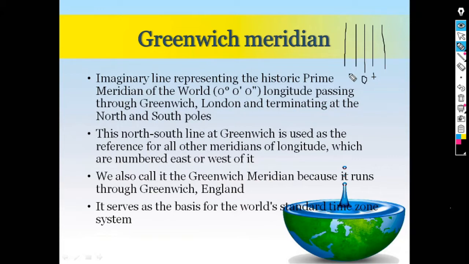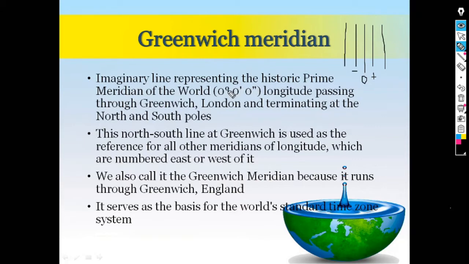And the lines over here will have a negative sign and be written as west of Greenwich. As India is east of Greenwich, it is written as east of Greenwich something degrees, minutes and seconds. This represents degree, this represents minute, and this represents second.